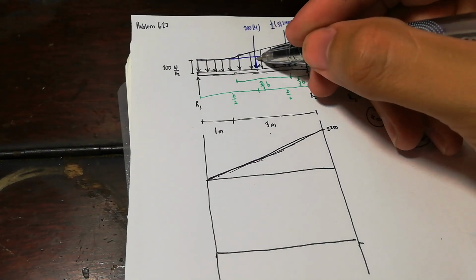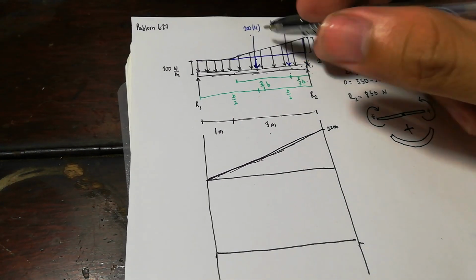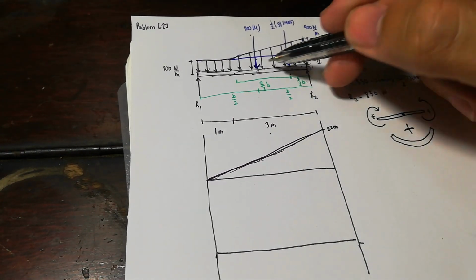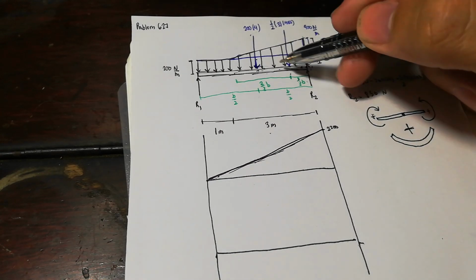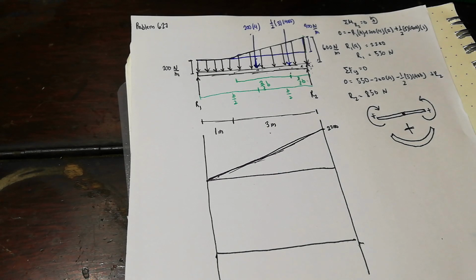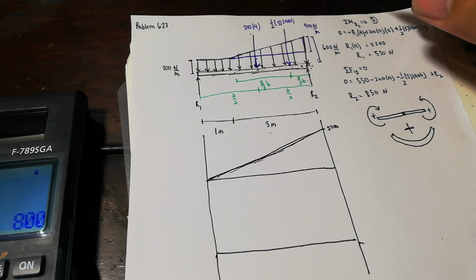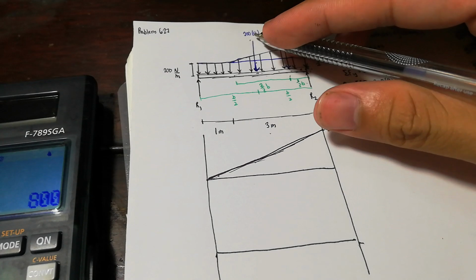Then, next force naman natin is etong rectangular load. 200 times 4 yung ating force. Kanyang distance ay kalahati ng base natin. So, yan ay 2. Times 4. 800 yung ating total force.